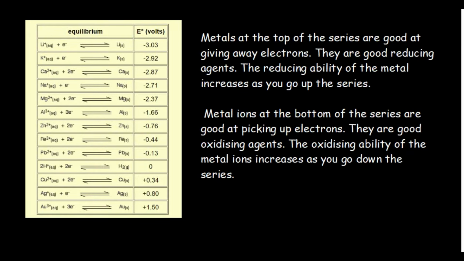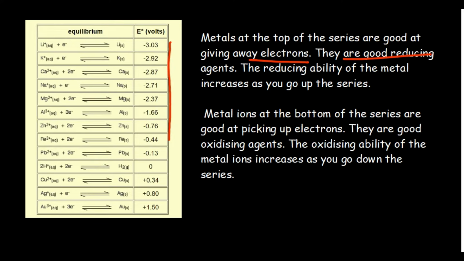Now, in summary, this is what we've said. Metals at the top of the series are good at giving away electrons. These ones that are negative are good at giving away electrons, meaning that they are good at being oxidized. So the ones that oxidize are the ones that reduce others. So they are good reducing reagents because they tend to reduce the others that are down.